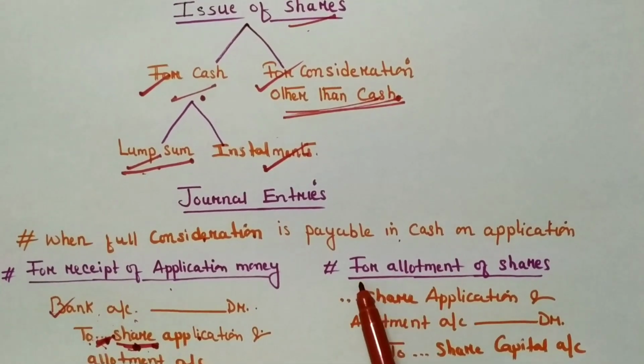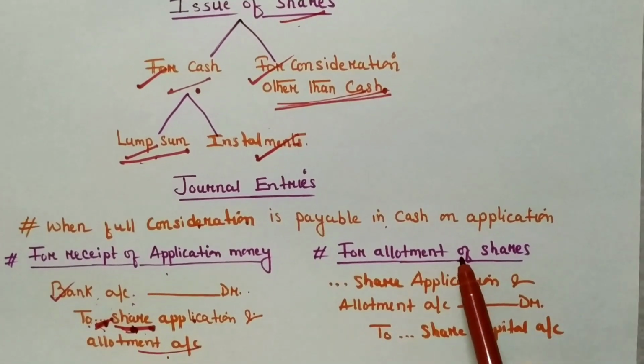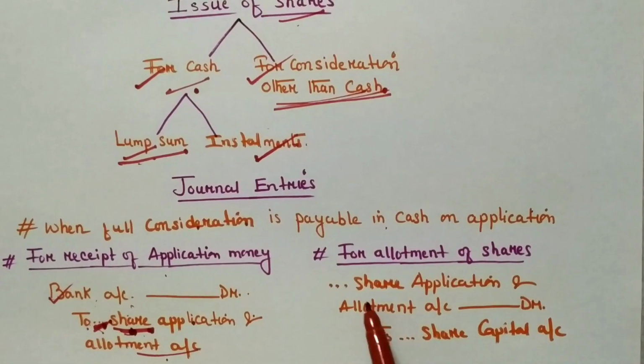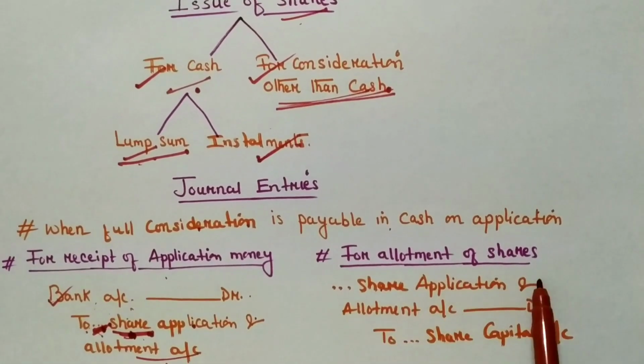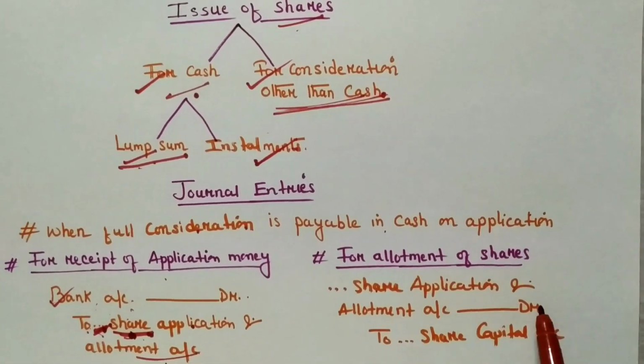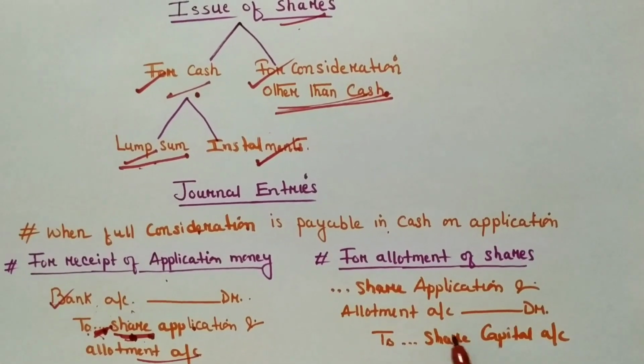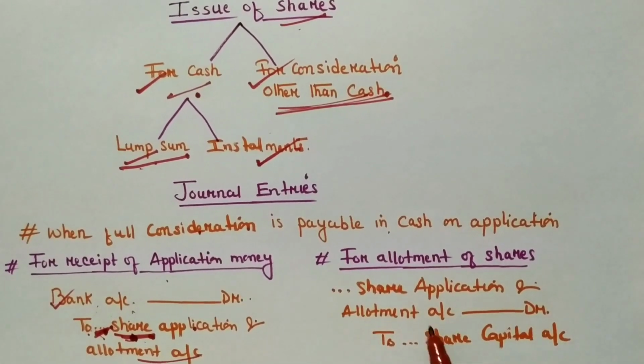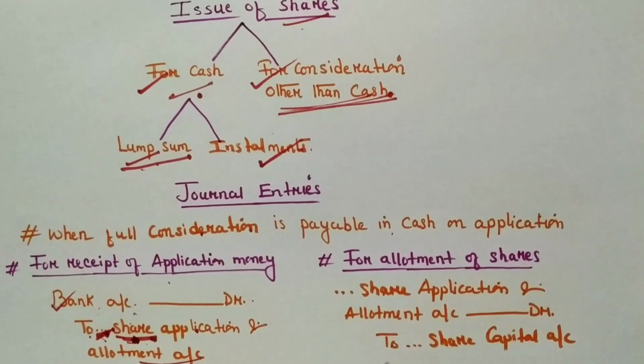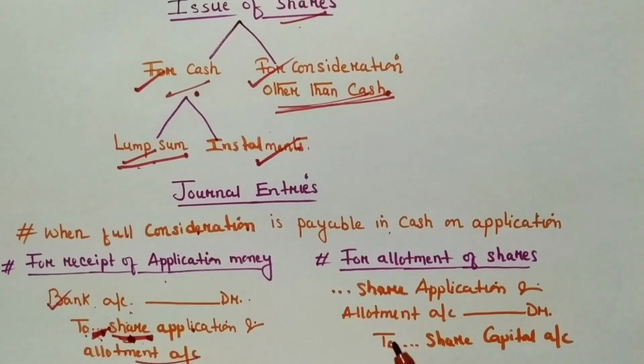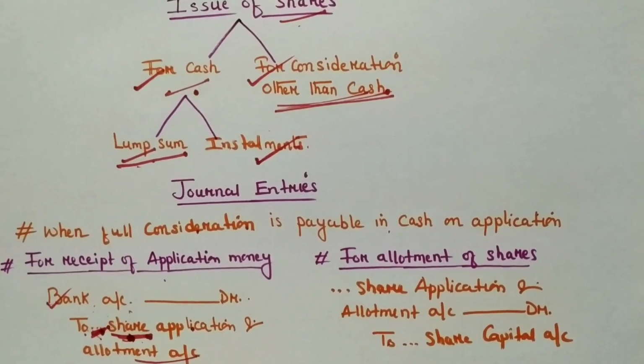Now, for allotment of shares, the journal will be share application and allotment account debit to share capital account. What happened? After receiving the amount, we will allot shares to the public.